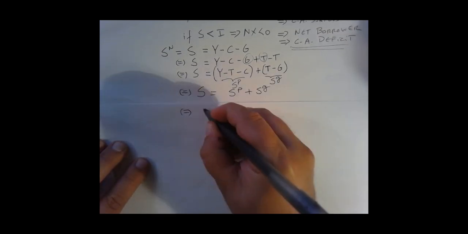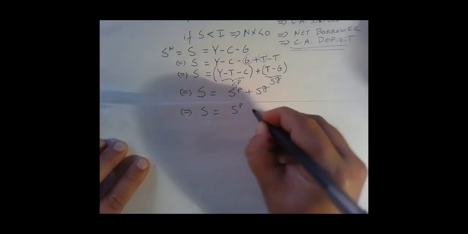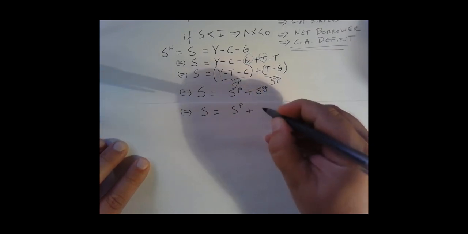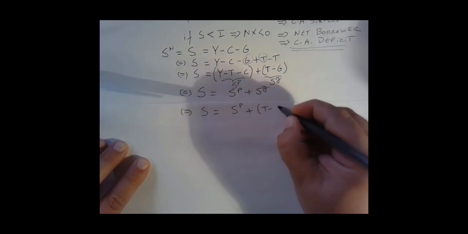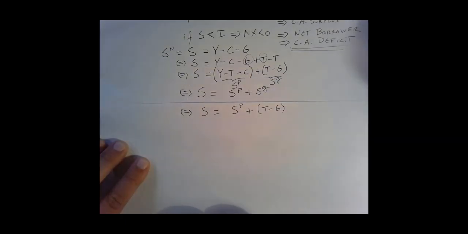So we're coming back to breaking down the government purchases into T minus G. Okay.